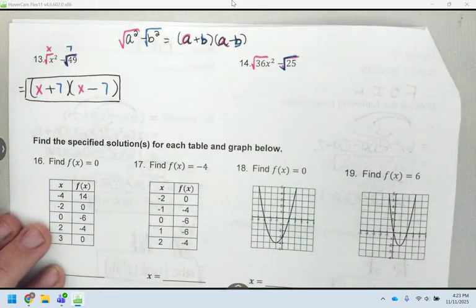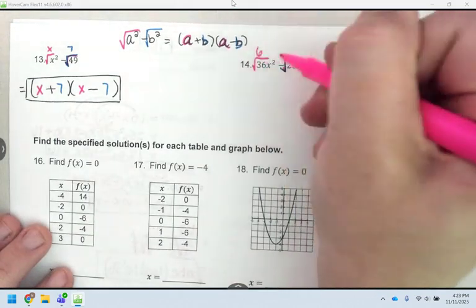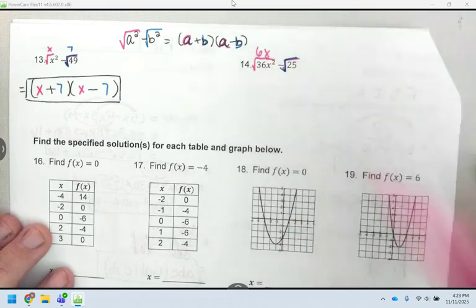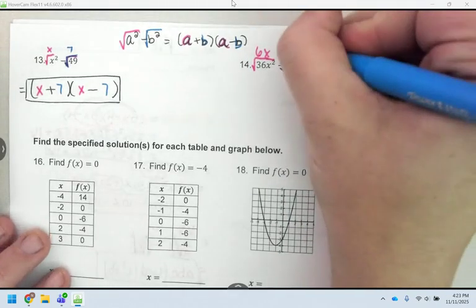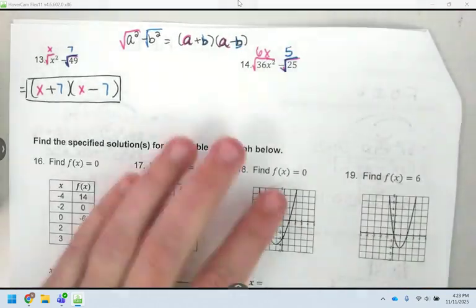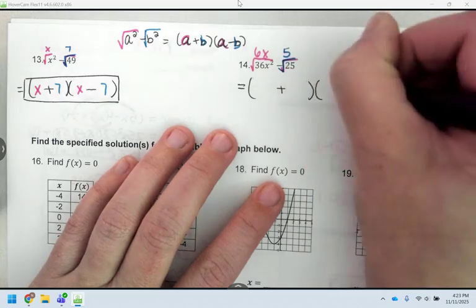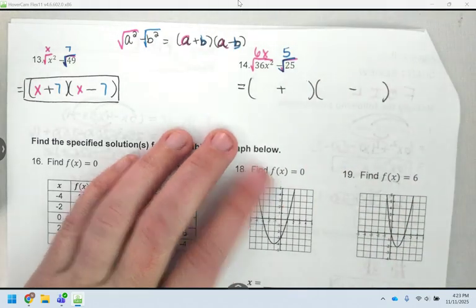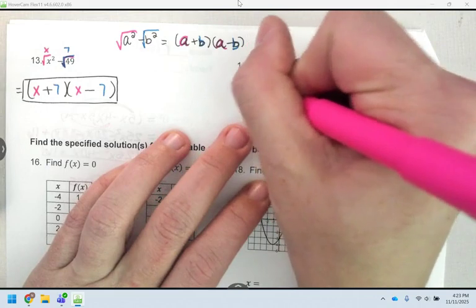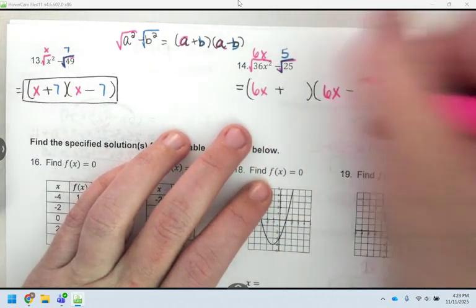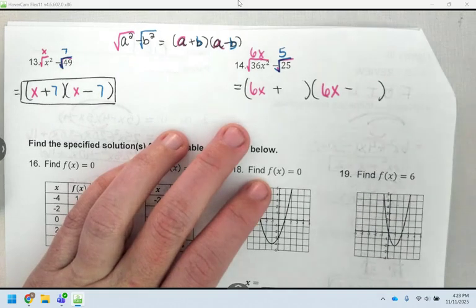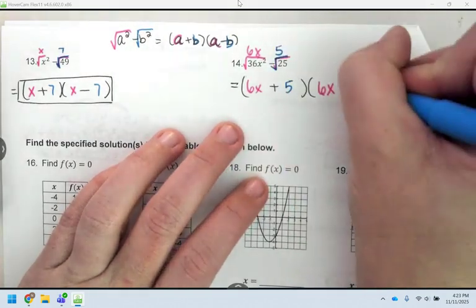Same thing here. Let's see, the square root of 36 is 6. The square root of x squared is x. The square root of 25 is 5. Because they're perfect squares, you can take the square root of them. 6x will go here and here. 5 will go here and here.